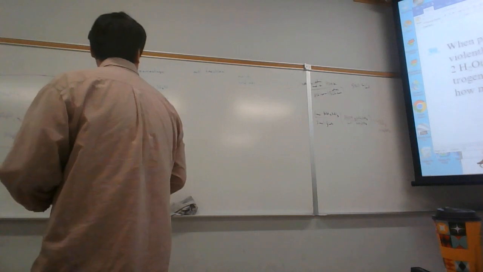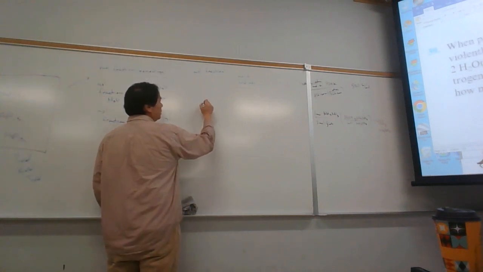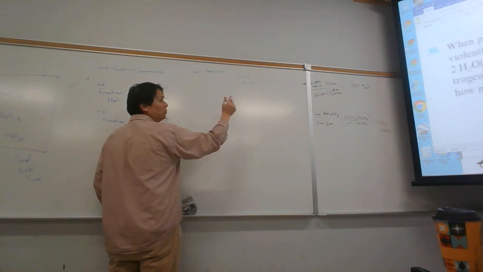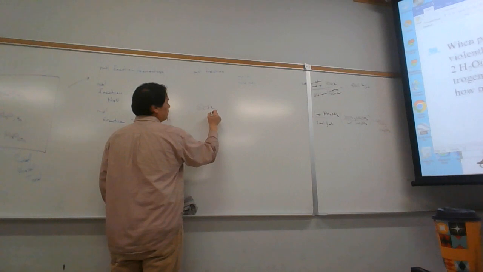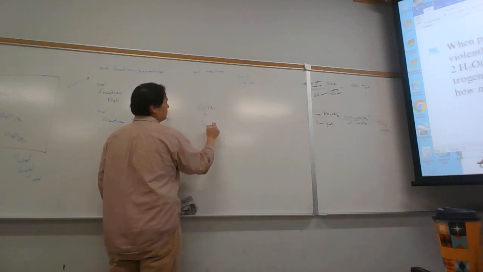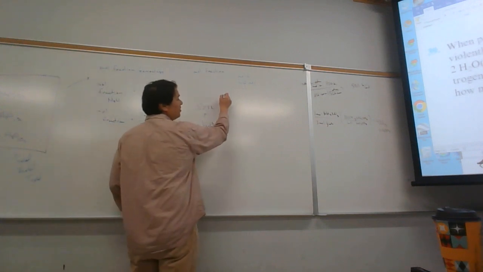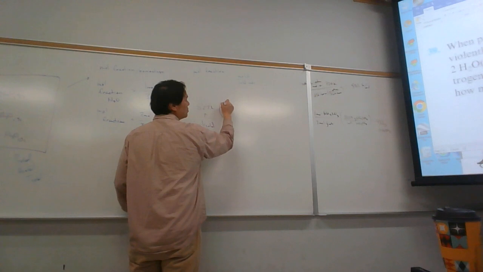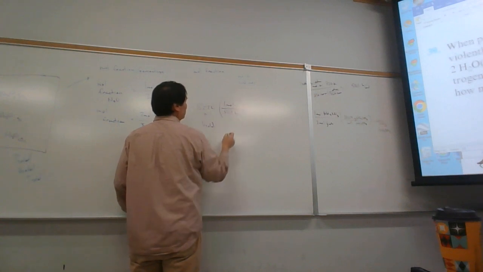And so a setup like this would probably go something like this. We have a total of 82.3 liters. This would be our V total. And then we'd use the molar volume, which is this. 1 mole of gas for every 50.1 liters.